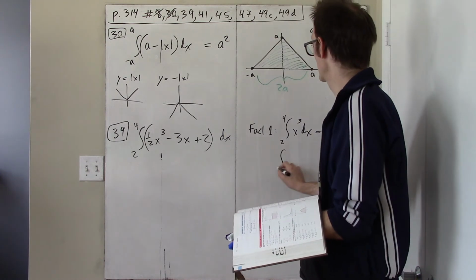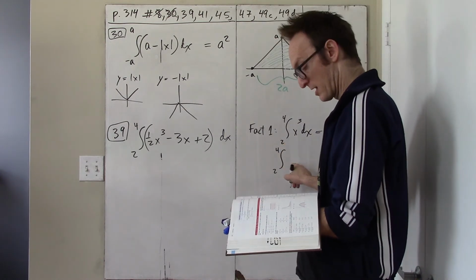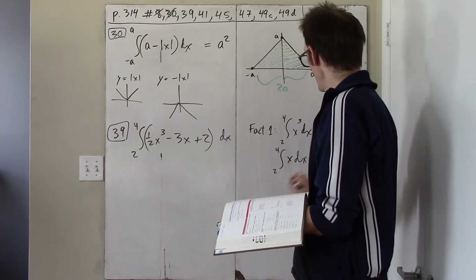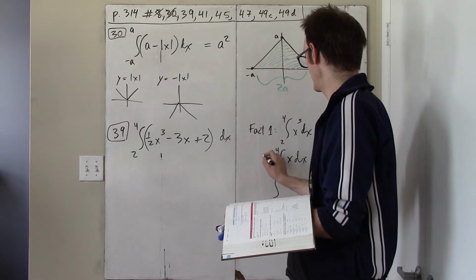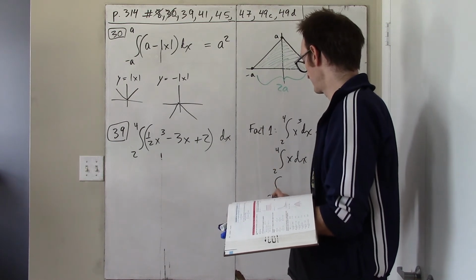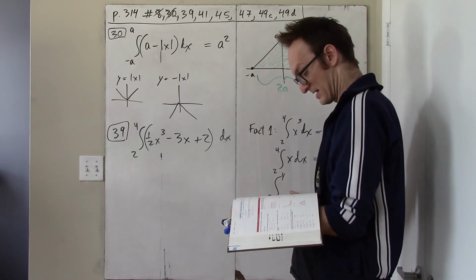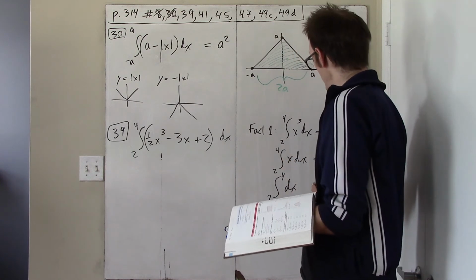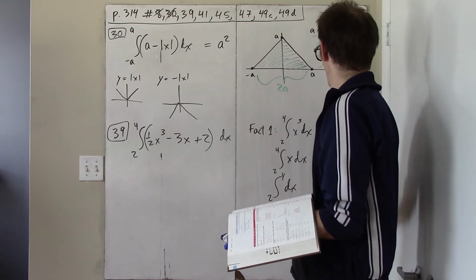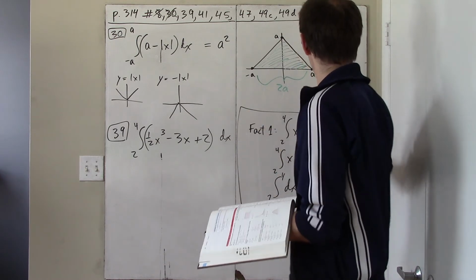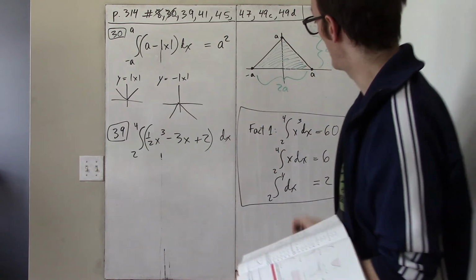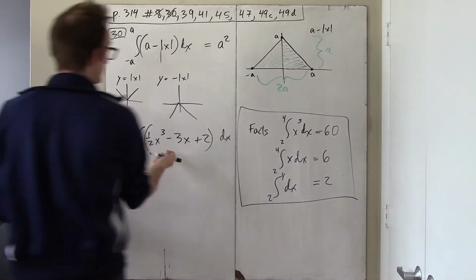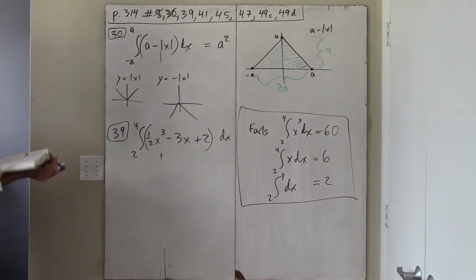Fact 2 is that the integral from 2 to 4 of x is 6, and fact 3 is that the integral from 2 to 4 of dx, in other words 1, is just 2. Okay, so if I just know these 3 things somehow, then is there a way to do this problem quickly?